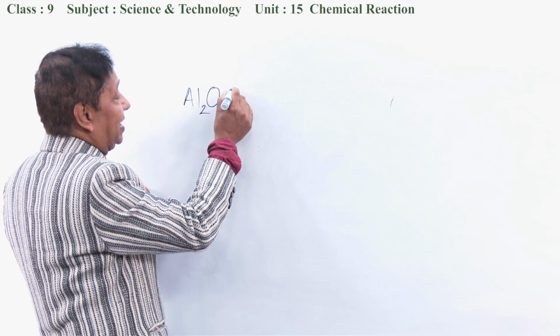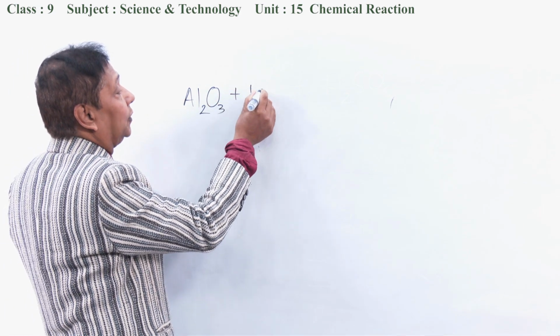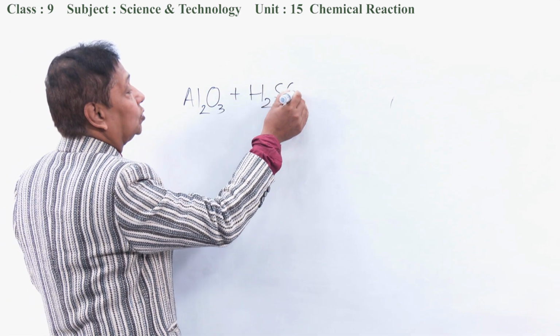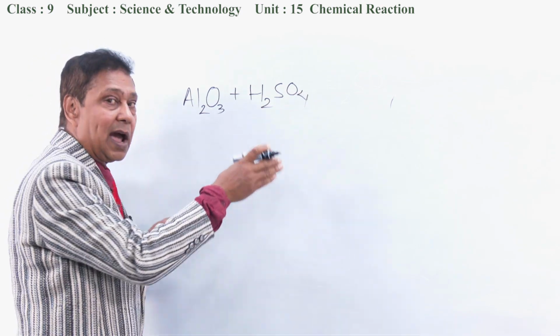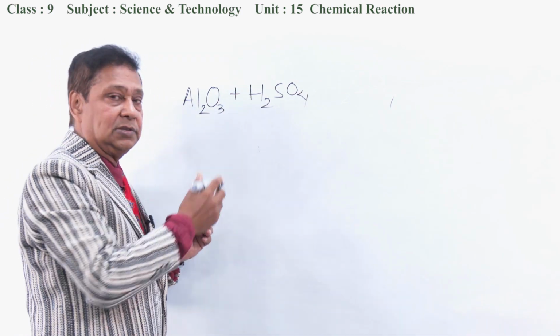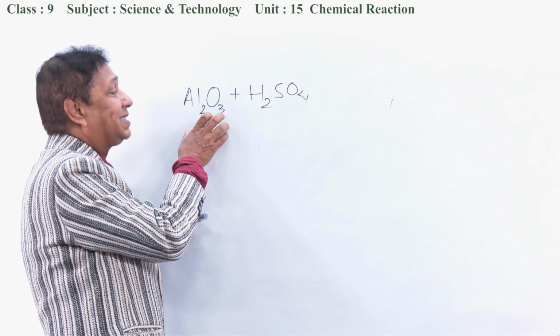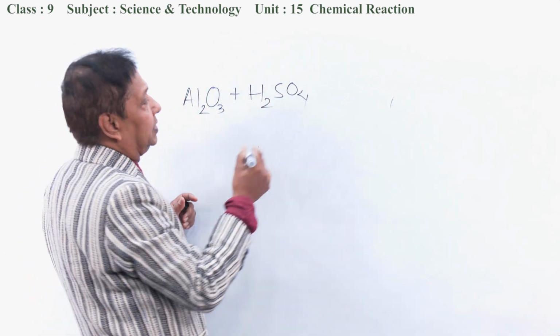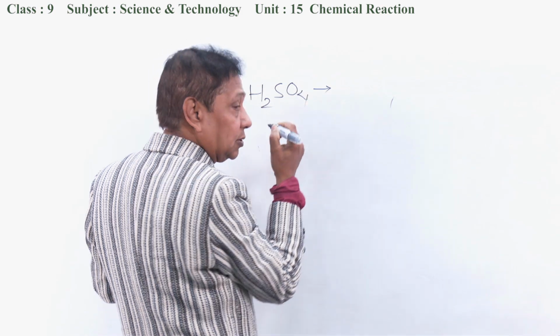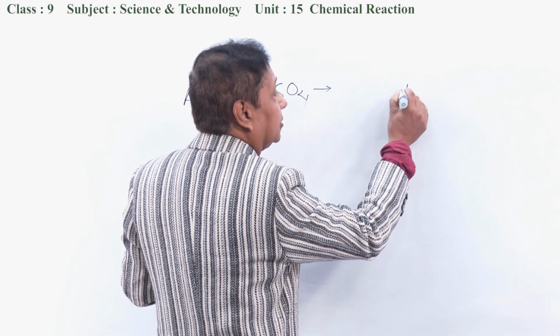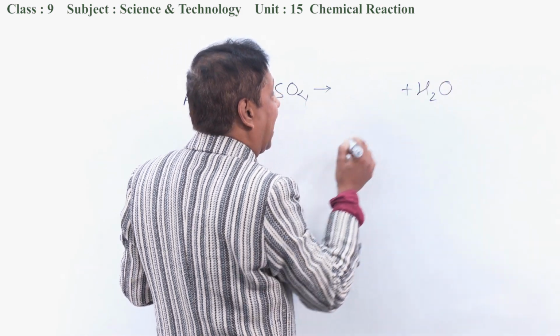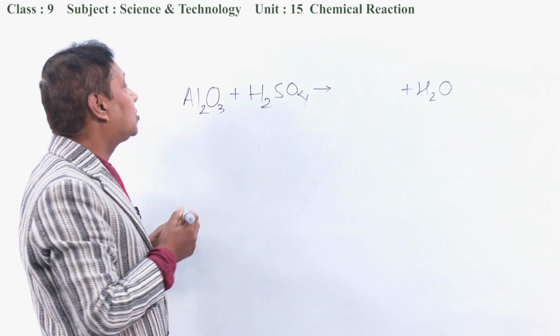And when it reacts with sulfuric acid, H2SO4, we have to remember this formula directly. I told you to remember this directly from the table, and the table is given. Now, base is reacting with acid. Then what happens? They form salt and water. Now, I'm writing water first, and I'm writing salt here, but how to write salt?